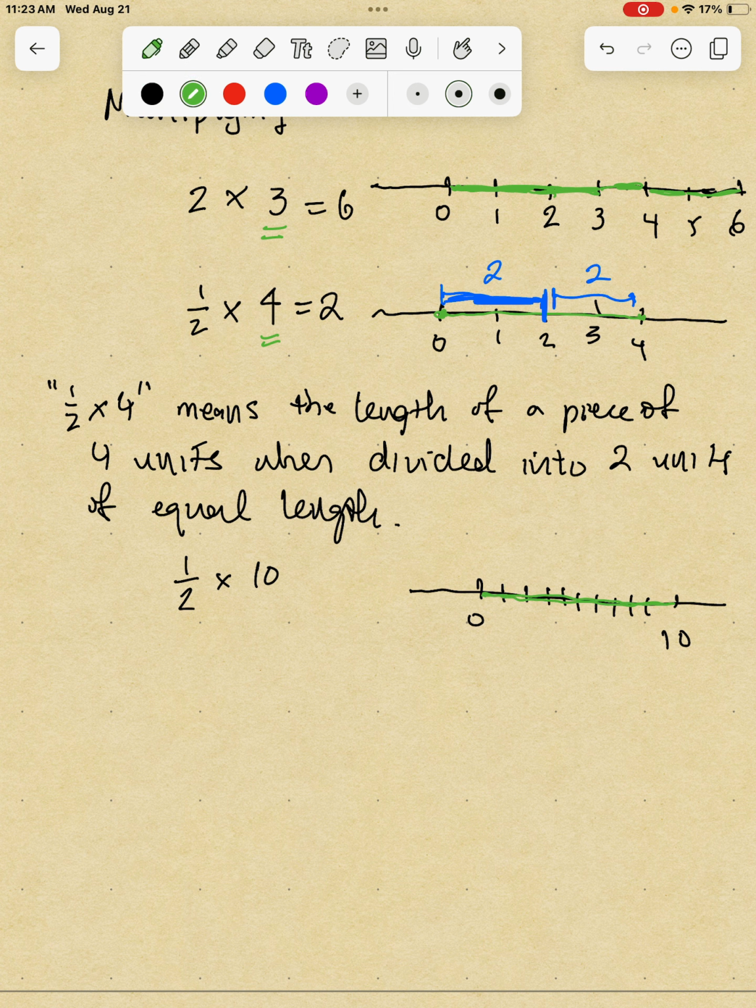How long is each piece? Well, each piece will have length 5. Because if I split it into a segment of length 5 and have another segment of length 5 and add them together, I get 10.